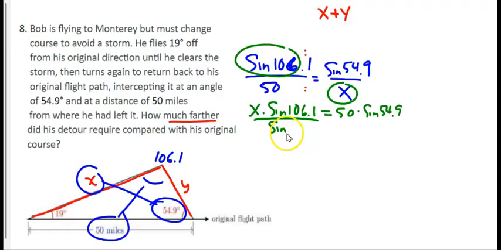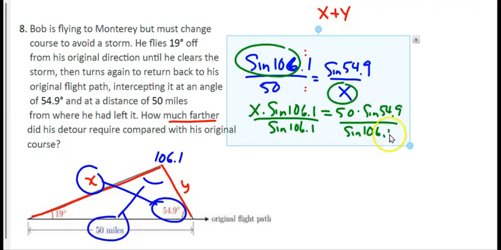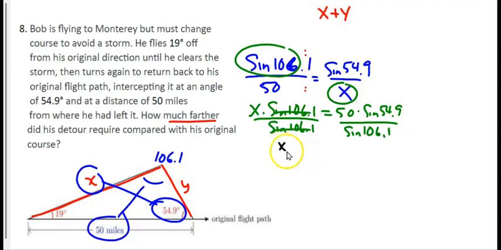Then divide. So x has an answer of 50 times the sine of 54.9 divided by the sine of 106.1.